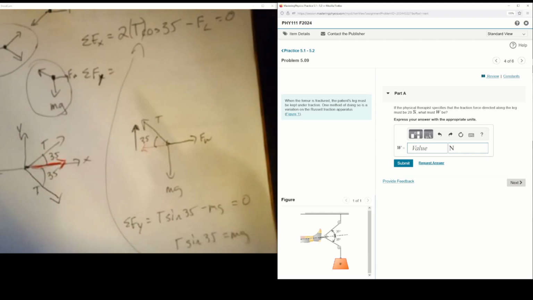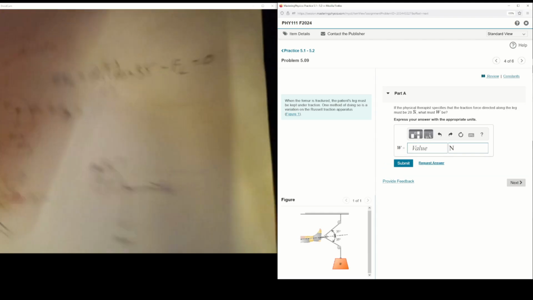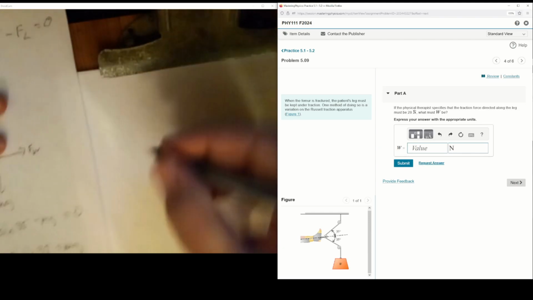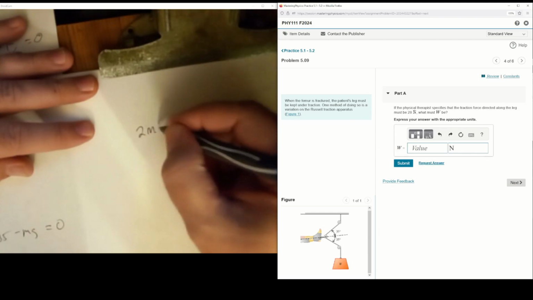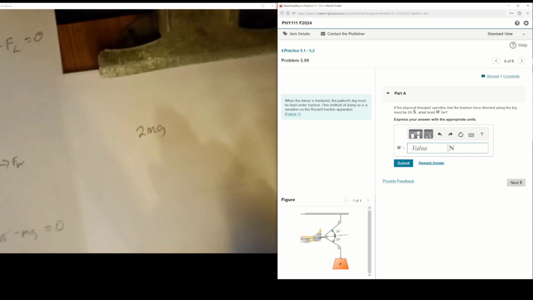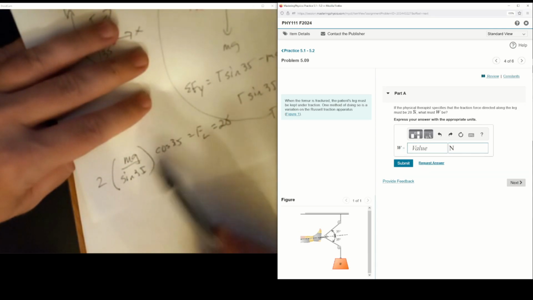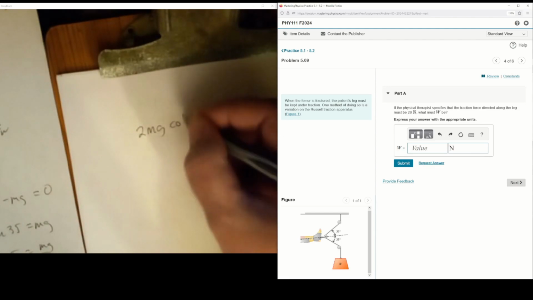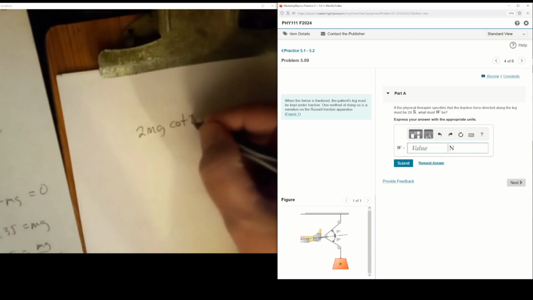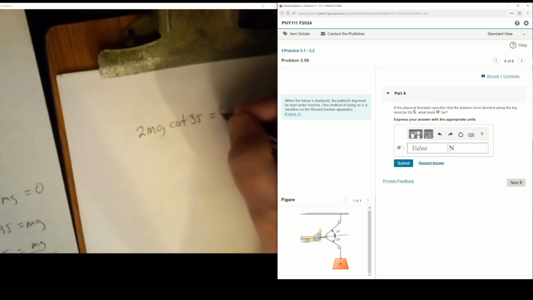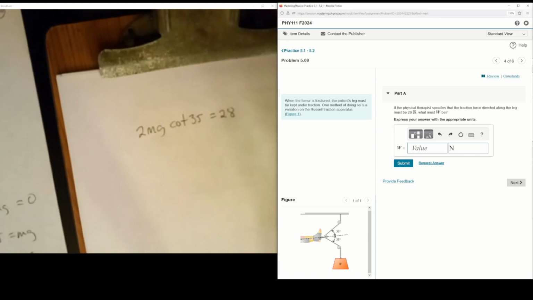So let me get another piece of paper for that. Let's see it all. So this is what we have. We got 2mg and cosine divided by sine is cotangent, and that's 35 degrees, has to equal 28.